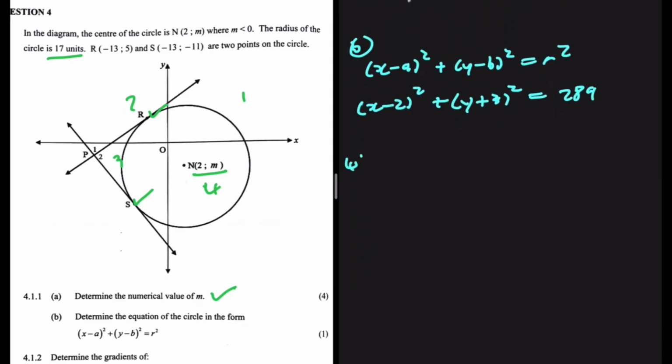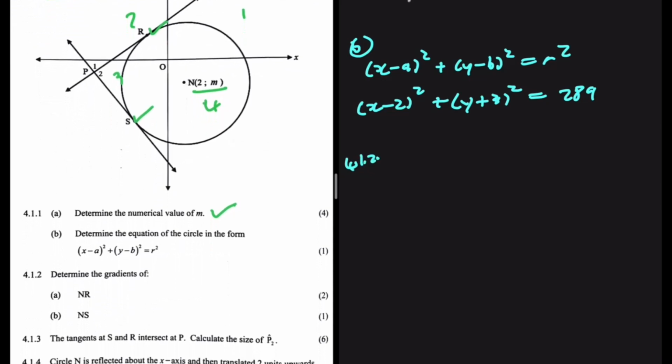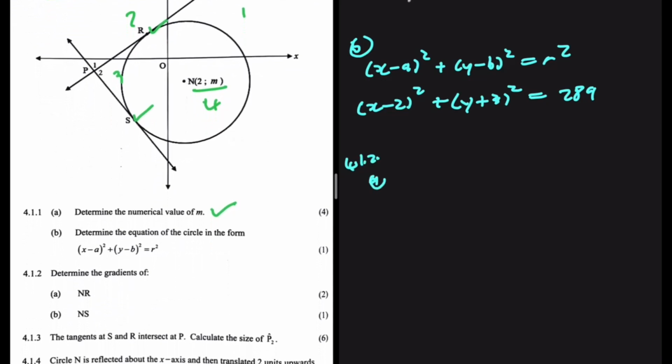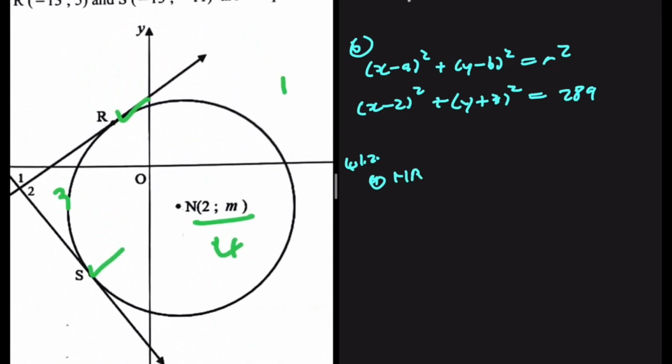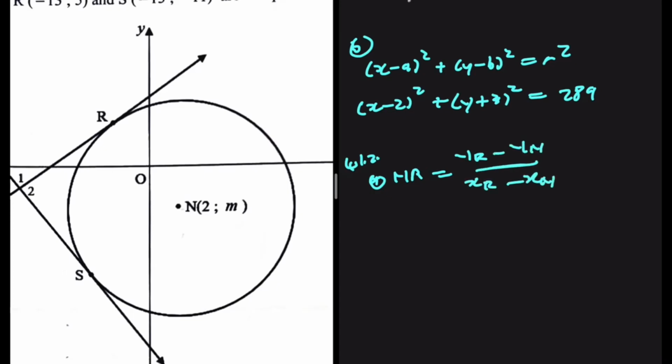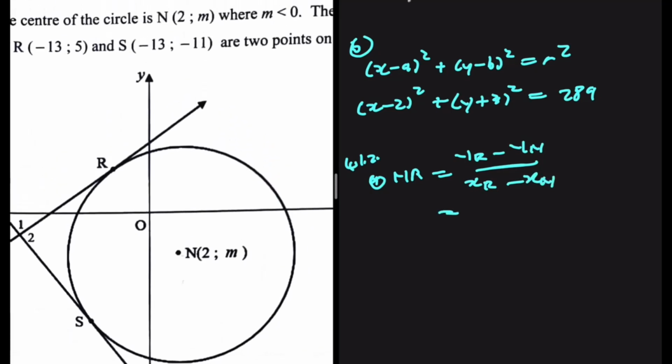Let's go to 4.1.2. Determine the gradient of NR. So let's go ahead and look at NR. We have the coordinates of R and we have the coordinates of N. So it will be pretty much straightforward. The gradient of NR will be equal to y of R minus y of N divided by x of R minus x of N. What is y of R?